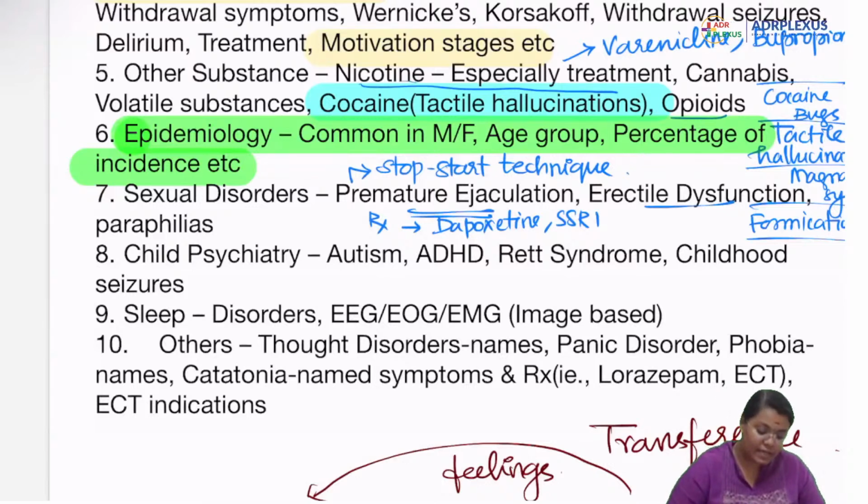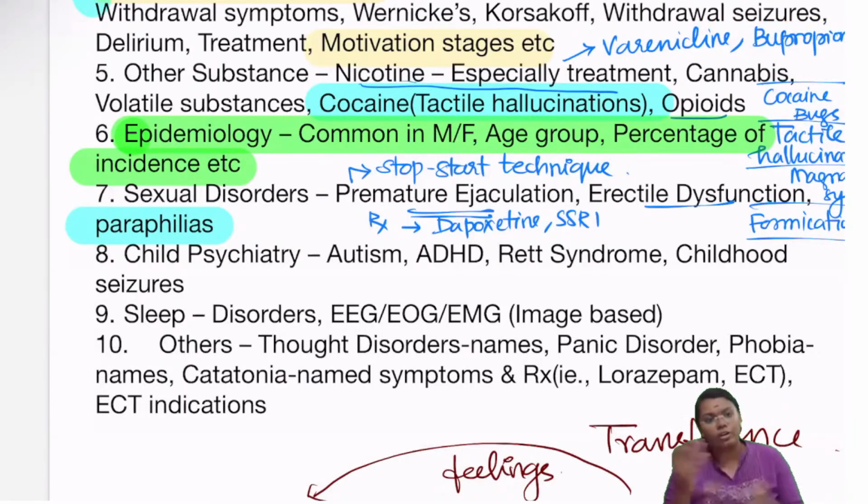And paraphilias, again, a very frequently asked question in the form of match the following, was generally individual paraphilias. In the past couple of years, transvestic fetishism was asked. Transvestic fetishism is where a person gets sexually aroused by dressing as the opposite sex. Right, so transgender is different.